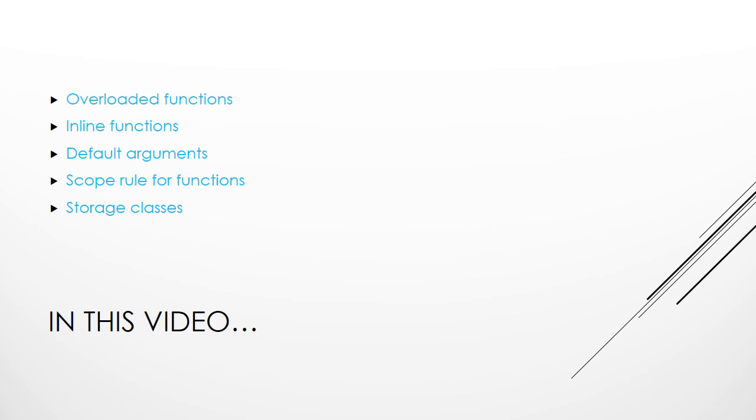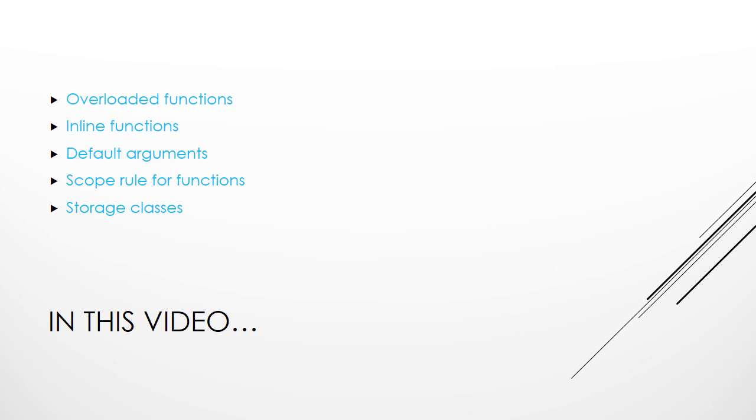Therefore, in this video, we have learned about different manipulators that we can use in function declaration so that my function, my source file would look pretty simple and easy to troubleshoot. And those are overloaded functions. What are overloaded functions? Those functions which have the same function name but differ in their parameters.